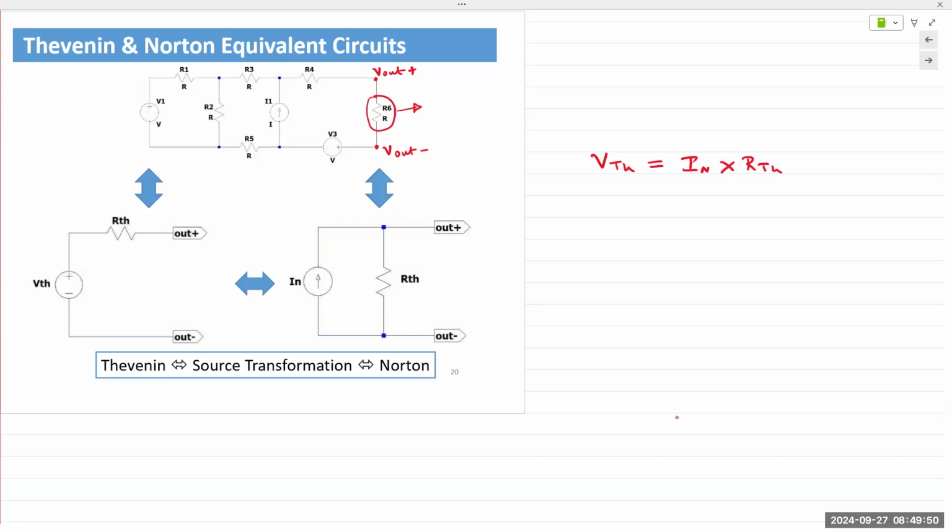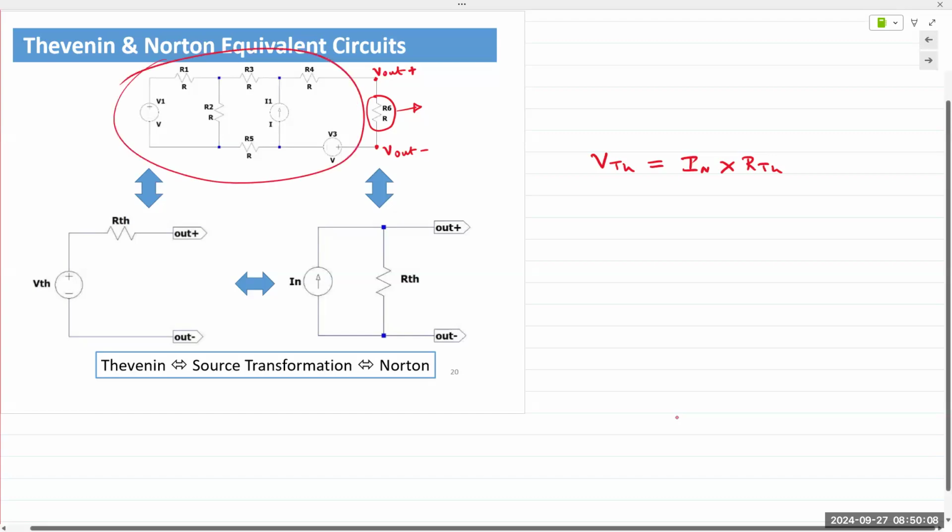There is no new analysis technique in Thevenin and Norton. Everything's still the same. The only thing is the setup of the problem. Do you all recall the setup of the problem? Perhaps. Let's do a quick recap anyway. So you have this circuit, right?